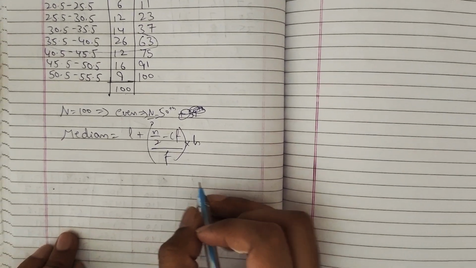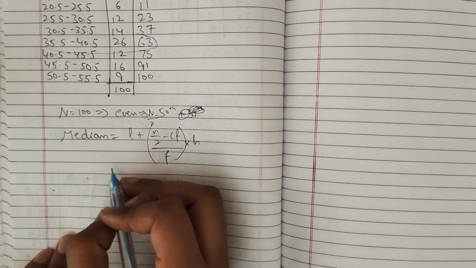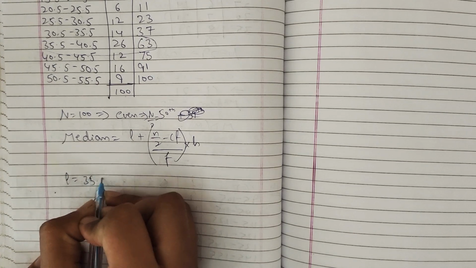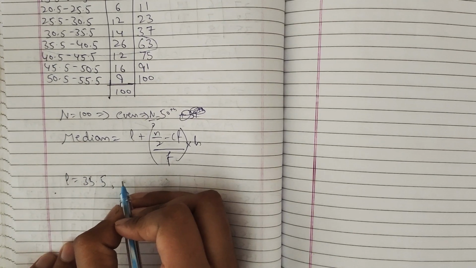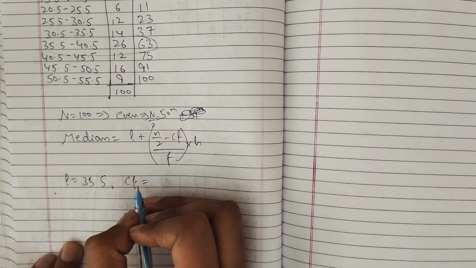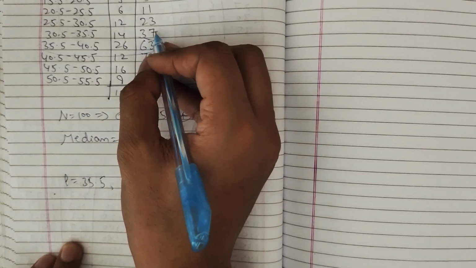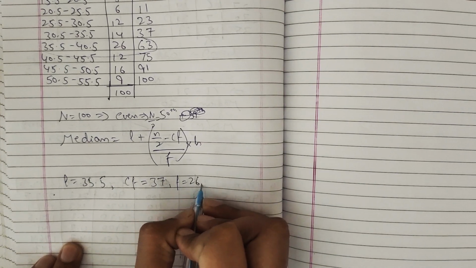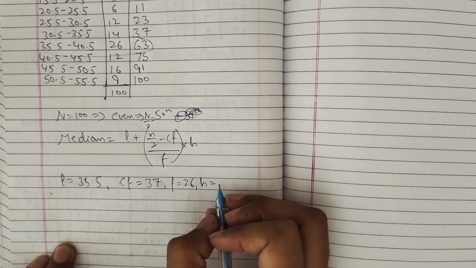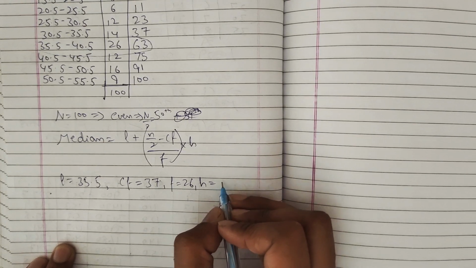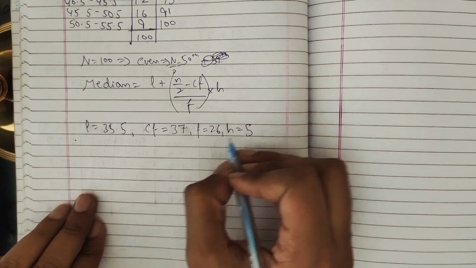So all things you know, L is the lower limit. So the lower limit for this is 35.5, n by 2 is 50. CF is the cumulative frequency of the previous class. So previous class is 37. F is 26. H is the gap between them. So H value is 5, right? Now put the values.